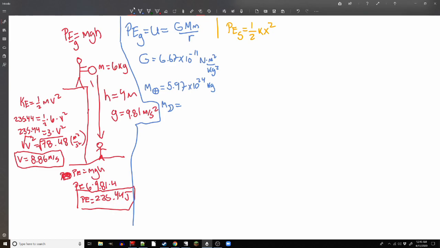It's like 1.99 times 10 to the 22, I think. I was wrong. 7.34 times 10 to the 22. 7.35 times 10 to the 22 kilograms. Make sure those are 2's. And the distance between Earth and the moon, again, I'm going to have to look it up. I think it's 3.8 times 10 to the 8 meters. But I'm going to have to look it up just to be sure.